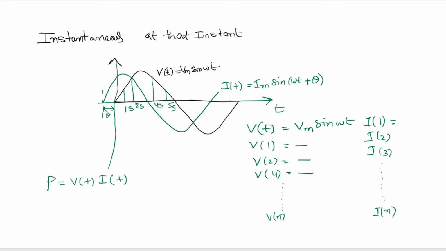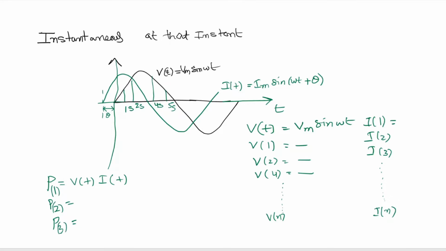Power is nothing but the product of voltage and current. Now, if I take this first instant V of 1 and I of 1, then I will get P1. Similarly, if I take V of 2, I of 2, I will get P2. If I take V of 3, I of 3, I will get P3. That means at different instants of time, I am getting different powers.